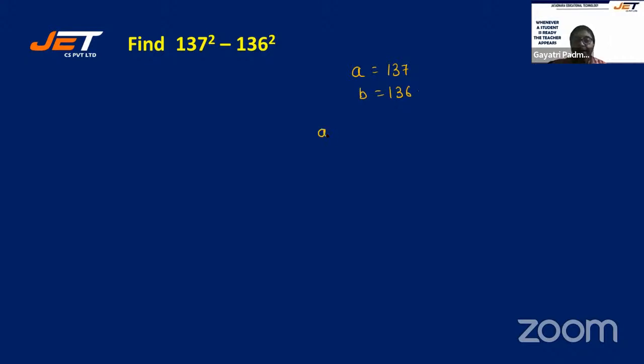You should write the formula so that we will know: A square minus B square is A plus B into A minus B. What is A here? 137 plus. What is B here? 136 into 137 minus 136.